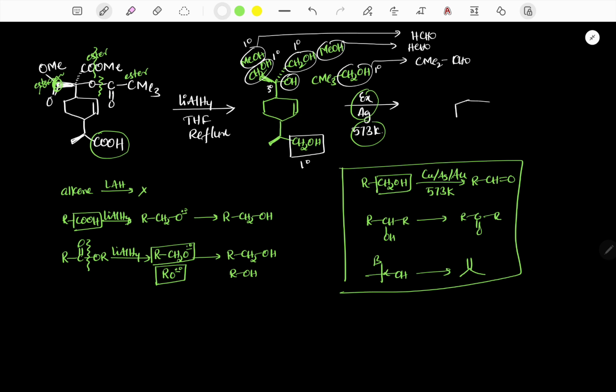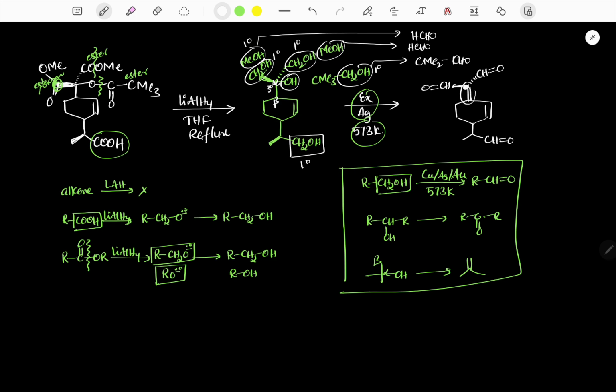Now look at the big structure. Here the primary alcohol is converted to aldehyde, below the plane the primary alcohol is converted to aldehyde, and above the plane the primary alcohol is converted to aldehyde. And it is a tertiary alcohol, so the tertiary alcohol undergoes dehydration, alpha and beta dehydration.